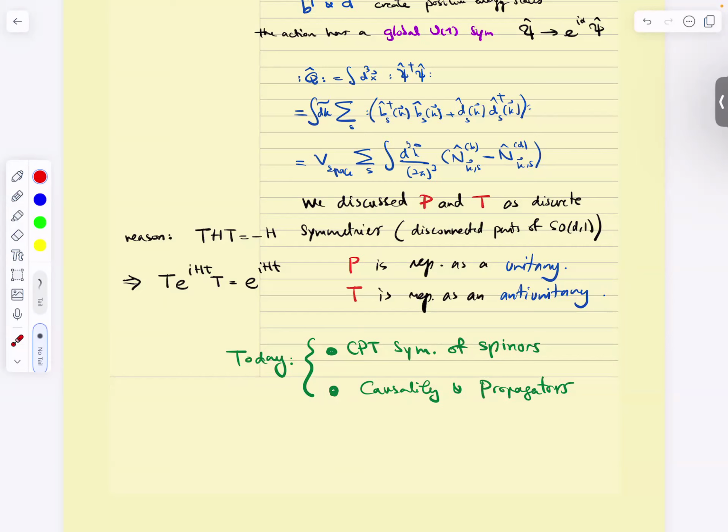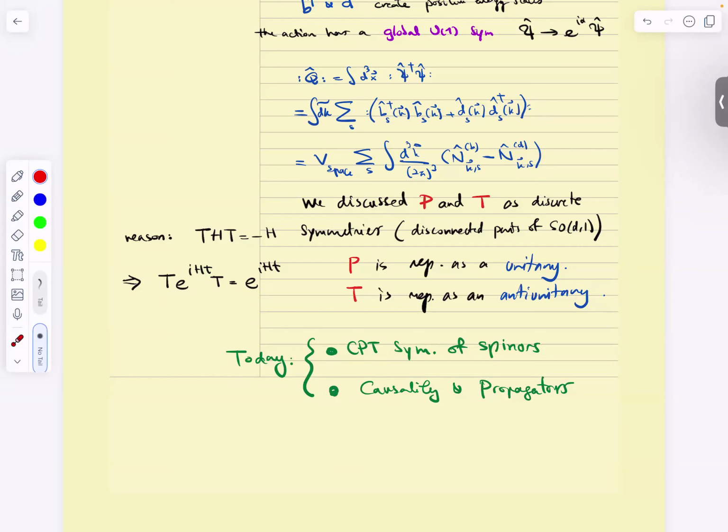If these are four-vectors, this would be P^mu_nu x^nu, where P is the matrix that only flips the space. How does T act? There will be a matrix T. If you recall, these are the Z2s that take you between the disconnected pieces of O(3,1).